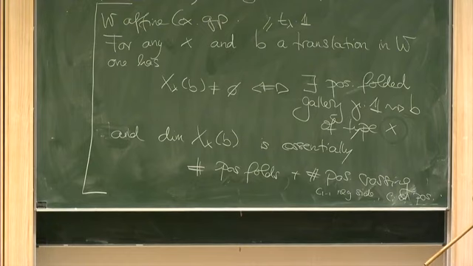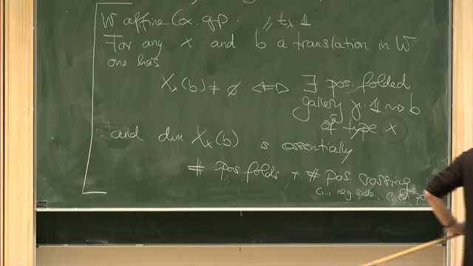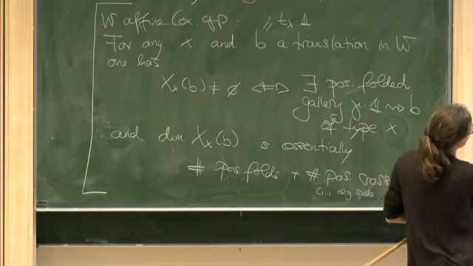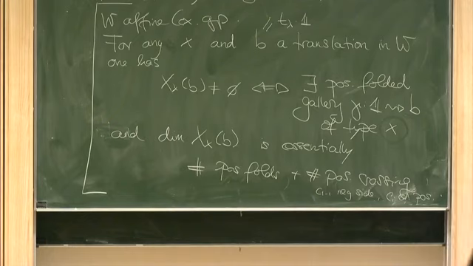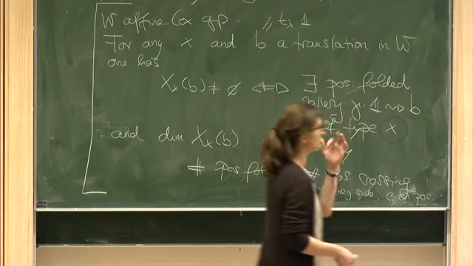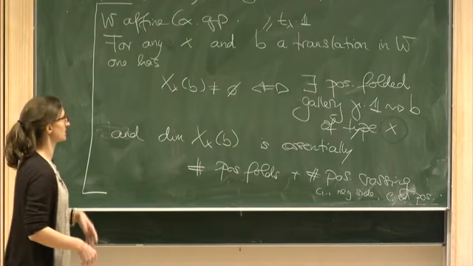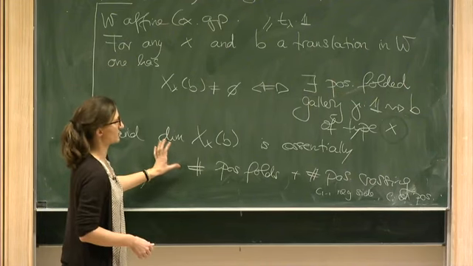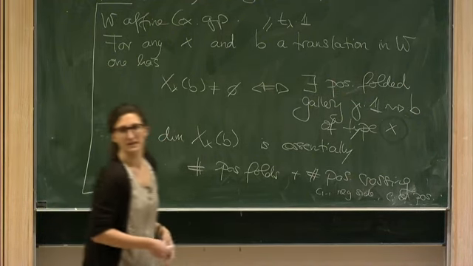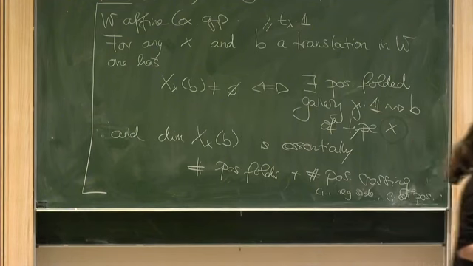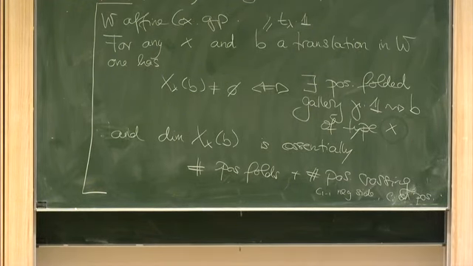You kind of view this as possible pre-images of b under a minimal gallery of type x, and then show that you can actually determine the non-emptiness by these positively folded things, and then you have to work a little harder to see that your dimension is also encoded in this description of this gallery.